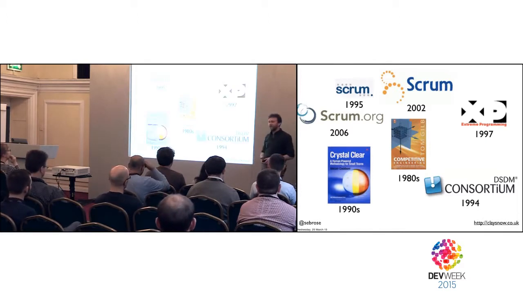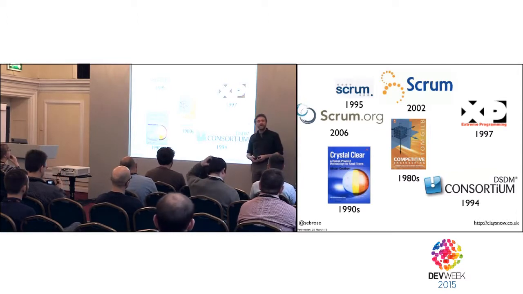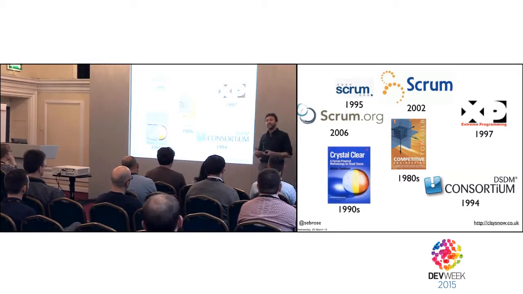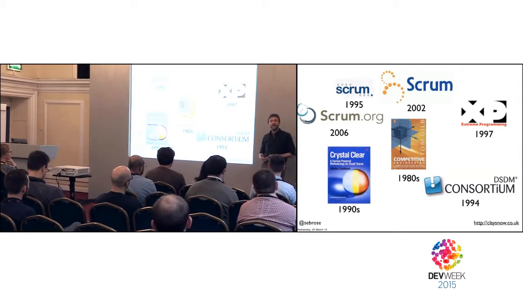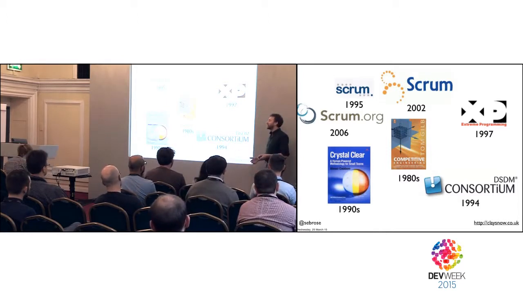And then quite a few other ones came in. So these are the famous ones: Scrum, DSDM, Crystal from Alistair Cockburn, and XP. And as you can see, these all started coming around in the 90s. This was when people were having major problems delivering software projects. And a lot of it was attributed to the fact that there's a huge upfront design phase, and by the time the customer saw what you were doing, it might be months or years later, requirements would have changed, misunderstandings would have got amplified, people were unhappy.